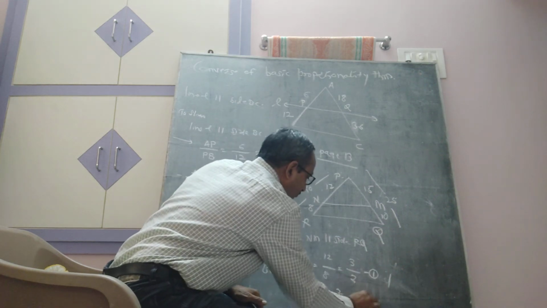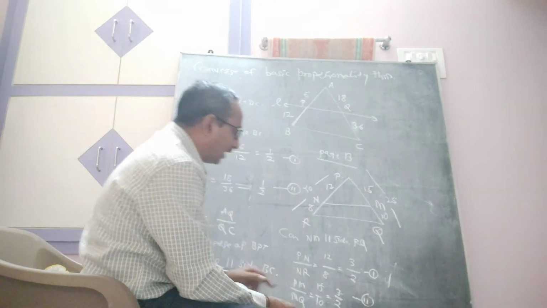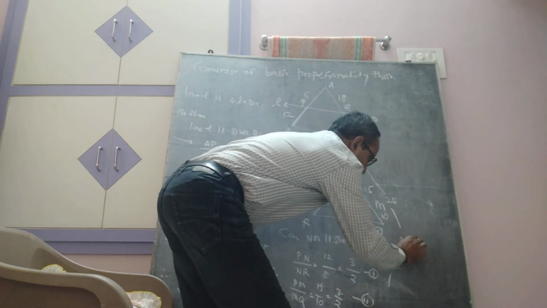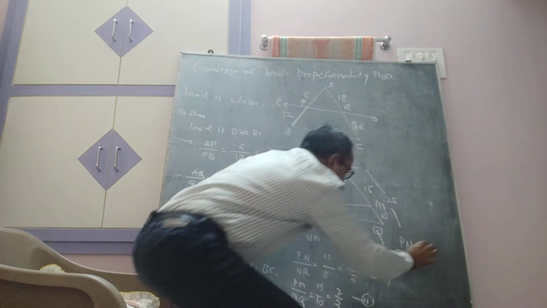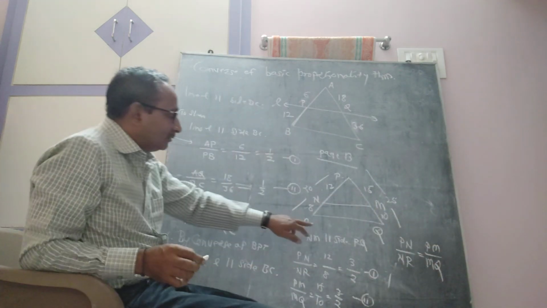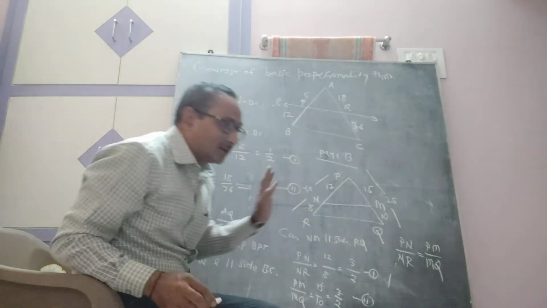From 1 and 2, the right hand sides of equations 1 and 2 are equal, and so we can write PN upon NR is equal to PM upon MQ. And so by converse of BPT, side NM is parallel to side RQ.